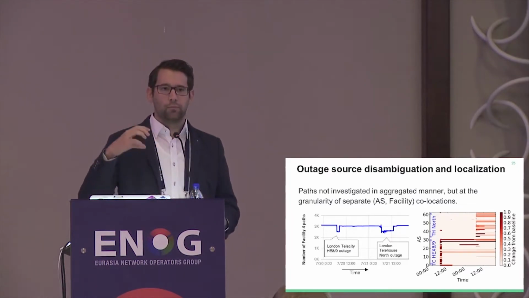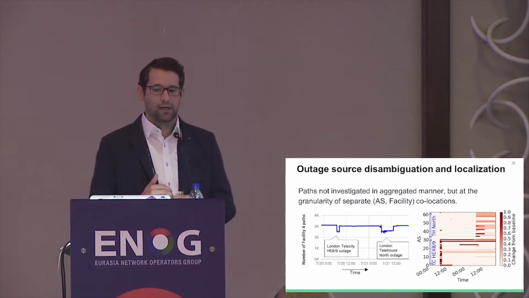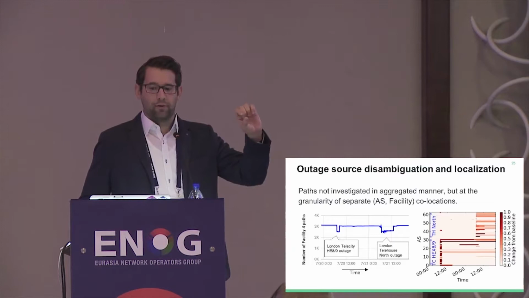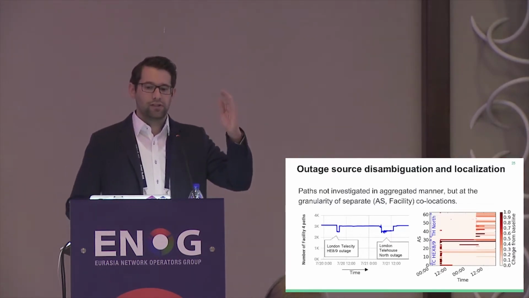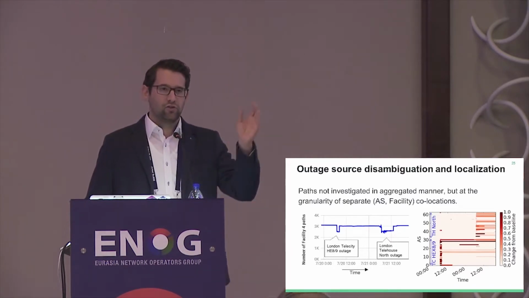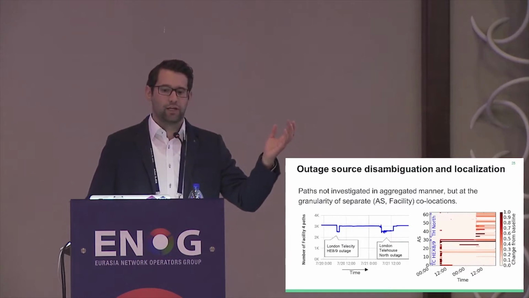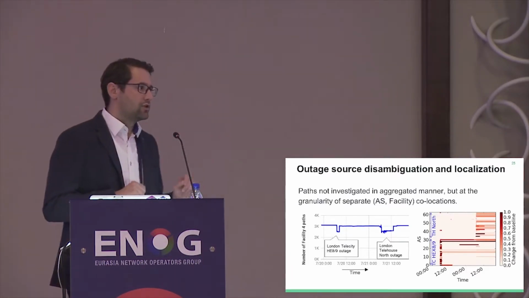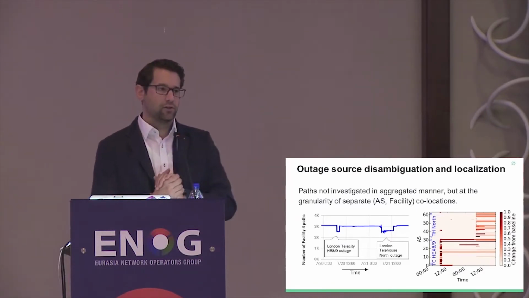But if we prepare our data in a different way, like in the plot on the right-hand side, we have each bar, a baseline for certain routes. And then we see that they might change, go away, or they don't change. We see, for instance, here we have 2 outages at the same time or very close to each other at different locations.